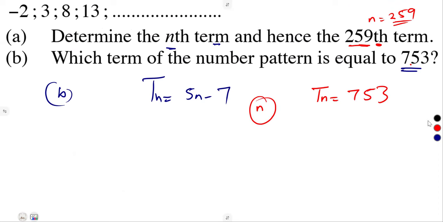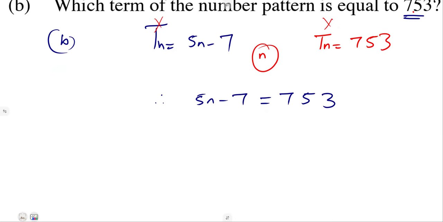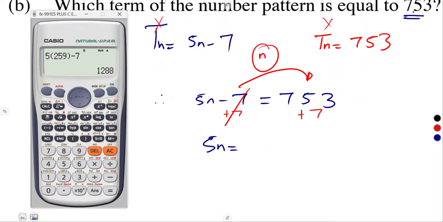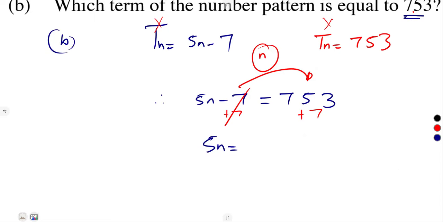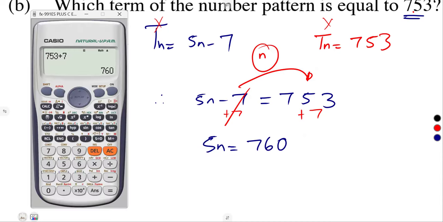Just equate the two. Remember what I said: if this one and this one are the same, then these two must be exactly the same. 5n minus 7 is equal to 753. Solve for n; you have an equation there. So 5n is equal to 753 plus 7, adding 7 to both sides of the equation so the minus 7 cancels. 753 plus 7 is 760.